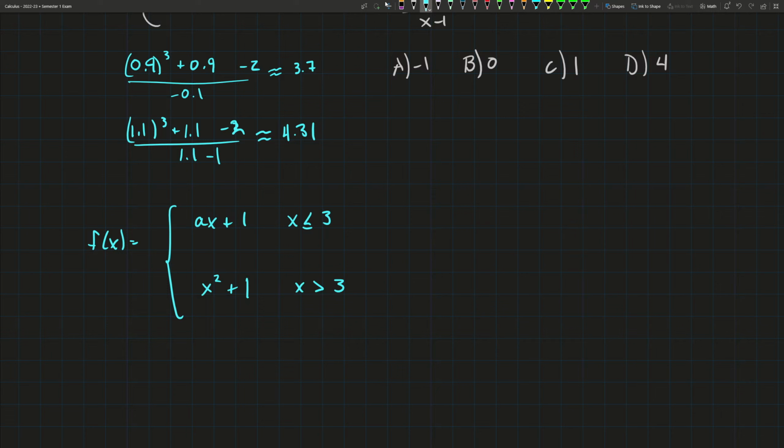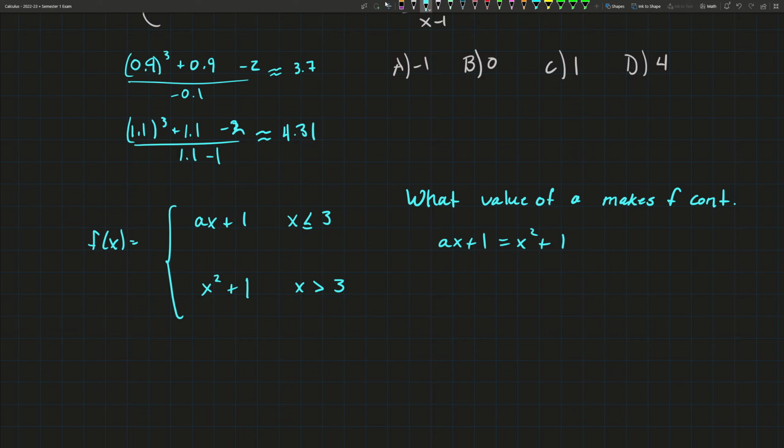In this case, we need to find what value of a makes this thing continuous. We would just set ax plus 1 equal to x squared plus 1 when x is equal to 3.